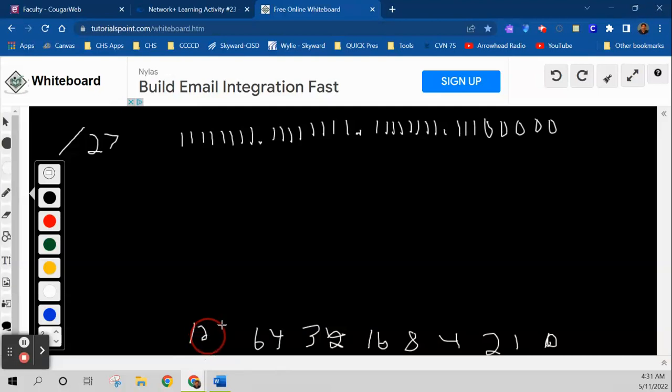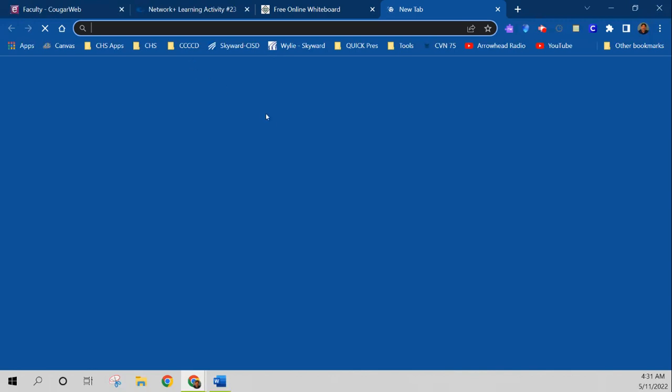How did I get 9? Oh, you know what it was? I'm trying to think. Remember, this first position is 2 to the 0 power. So what is 2 to the 0 power?